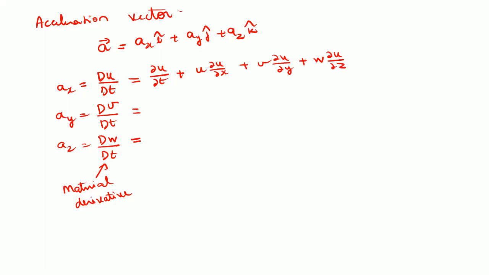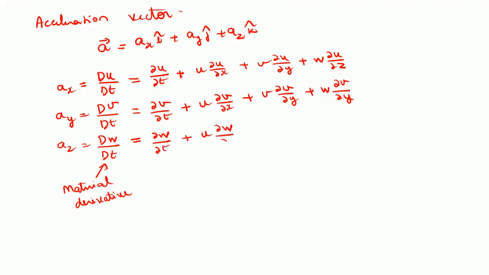Here I can write dou v by dou t plus u into dou v by dou x plus v into dou v by dou y plus w into dou v by dou z. Similarly we have dou w by dou t plus u into dou w by dou x plus v into dou w by dou y plus w into dou w by dou z. Now this is how the acceleration comes.